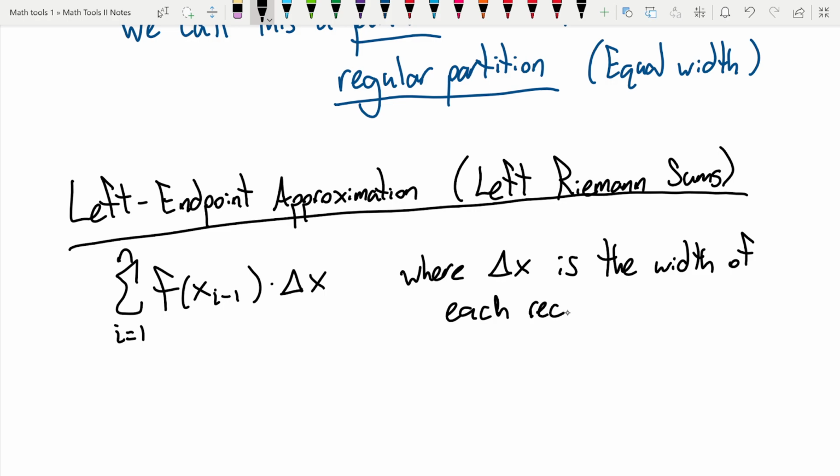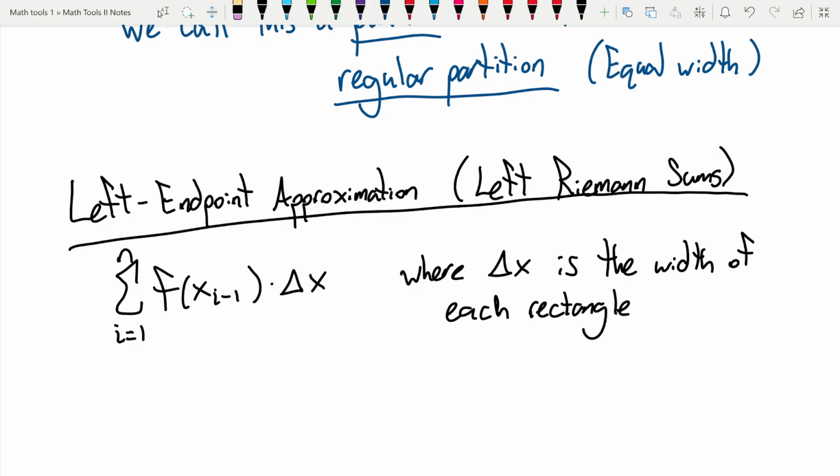Okay, so this delta, it's like a little triangle. It's an alternative way to write the Greek letter delta. There's also the little d looking character, and we'll see that in different contexts.